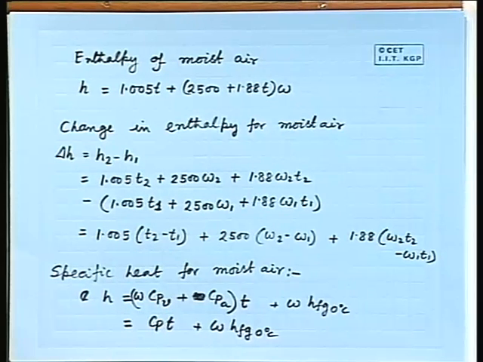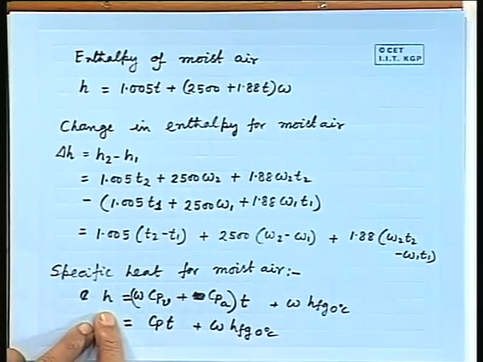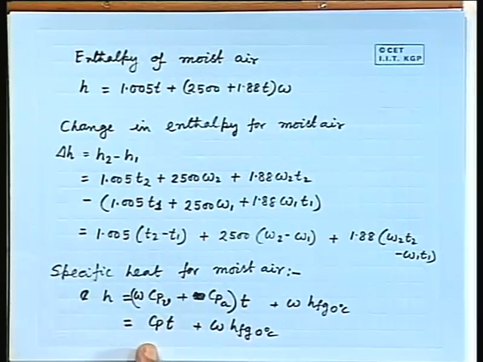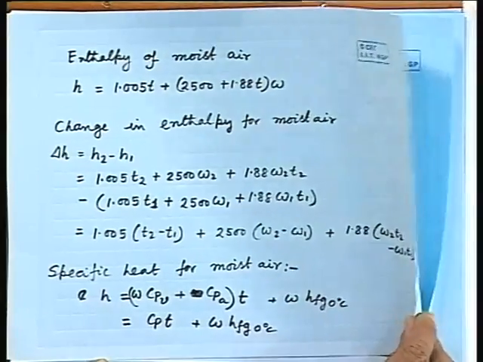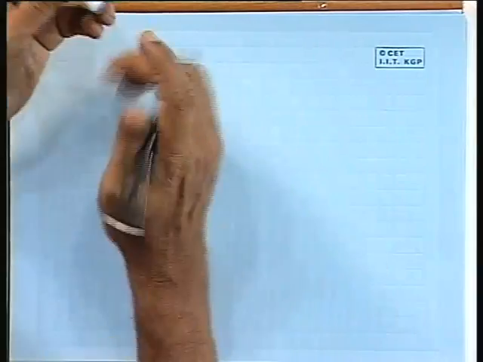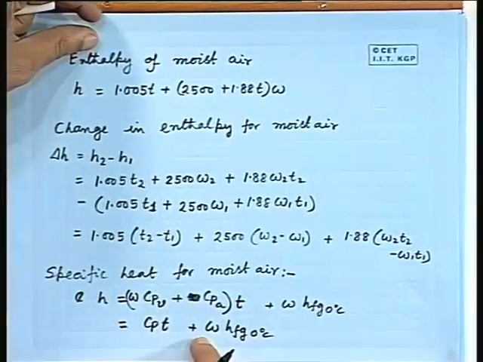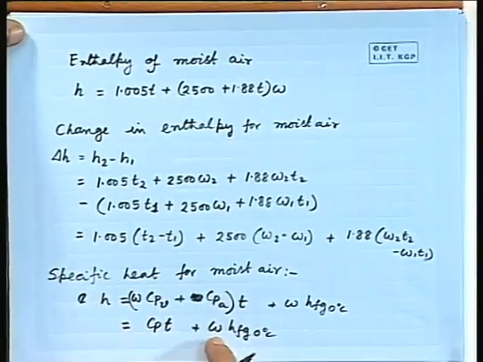So, you see that H is becoming the summation of these two, and here temperature is appearing, here we do not have a temperature term. But as I have told, one can make some approximation, because generally W is small and its contribution is small.